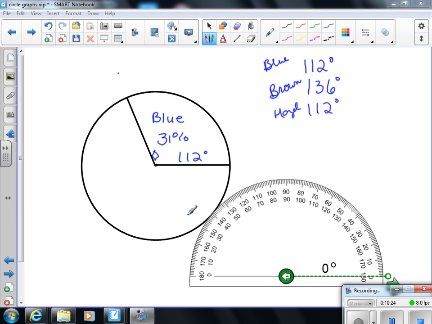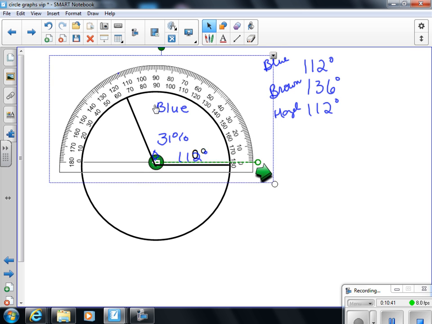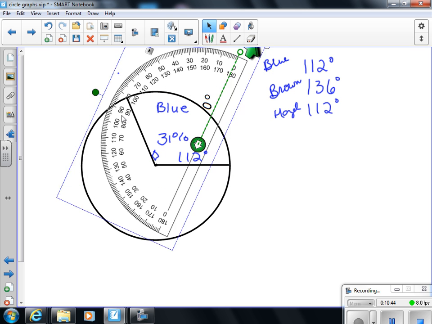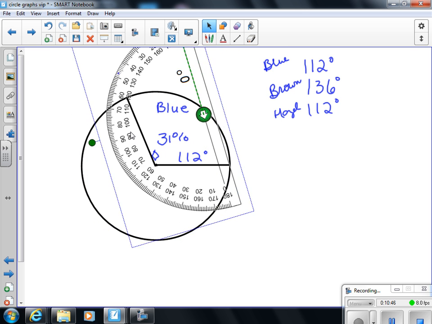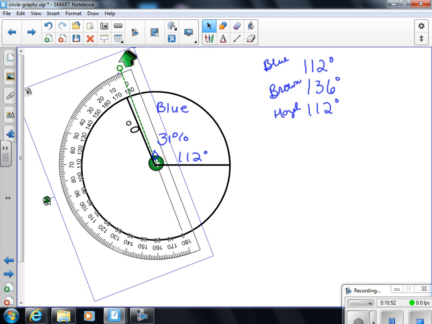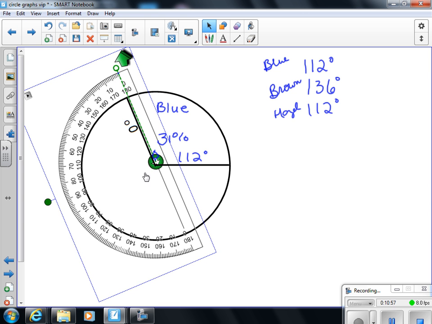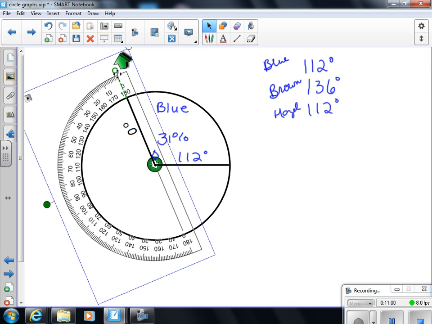Okay, then here's what I suggest that you do. You need to rotate your circle so that what's your new baseline now? The new line that you just created. So you're going to line your protractor up to where that's right over the center now.